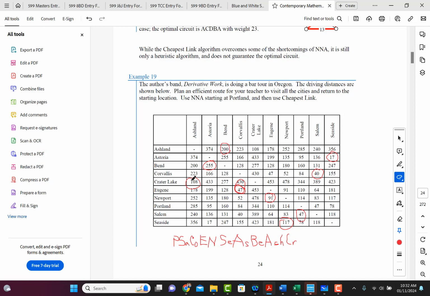And then, of course, from Crater Lake, we have to go back to where we started from, which is Portland. So to go back to Portland is 344, right? The teacher can't stay in Crater Lake, got to go back home.